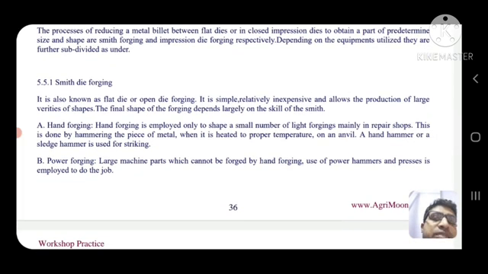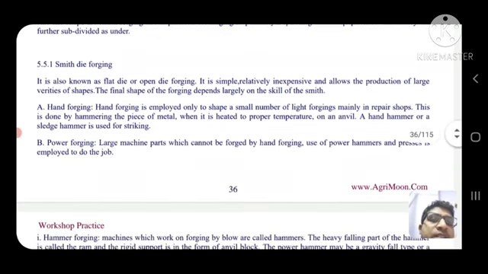Smith and open die forging, also known as flat die or open die forging, is simple, relatively inexpensive and allows the production of a large variety of shapes. The final shape of the forging depends largely on the skill of the smith.